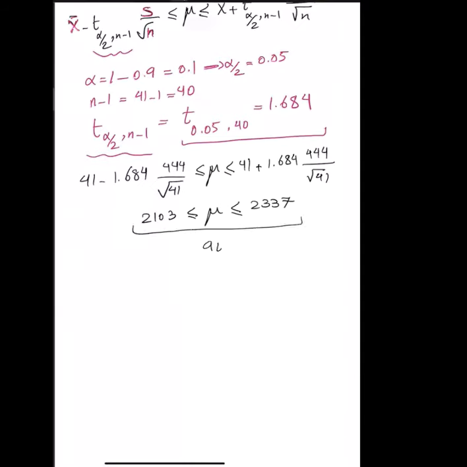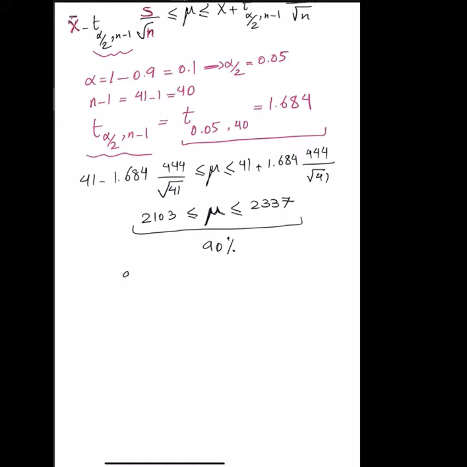That's my 90% confidence interval. Can you give me one sentence what this means? 90% of our average is between these two numbers. No, not exactly. Would it be we are 90% sure that mu is in between these numbers?